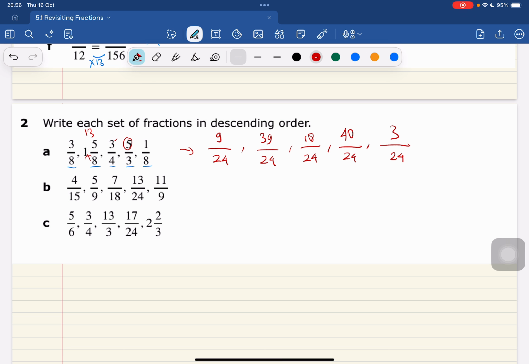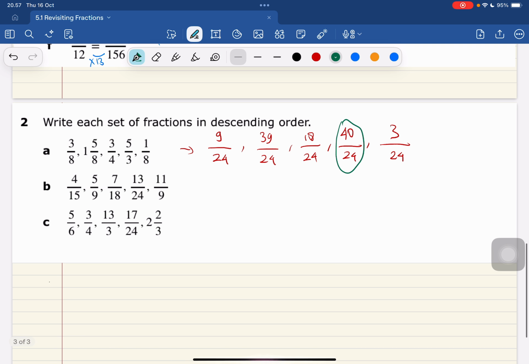Okay, there it is. We can see descending order, so from the highest to lowest. Okay, this is the highest, so the 4th is the highest, so we can write it here. So starting with 5 over 3.